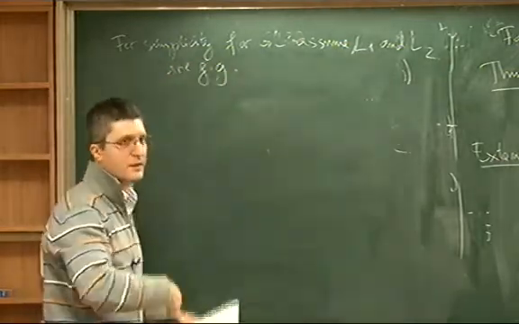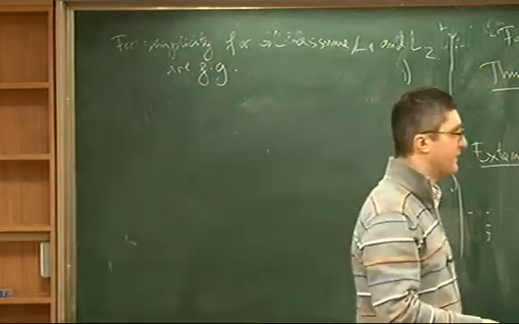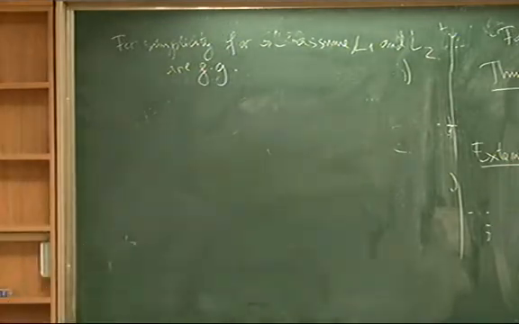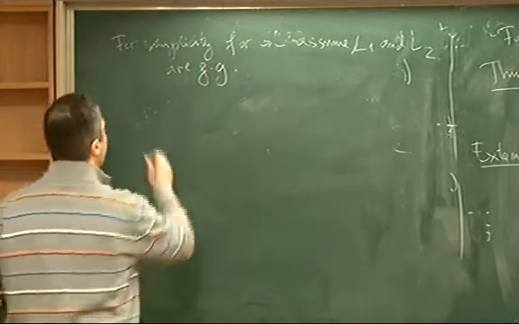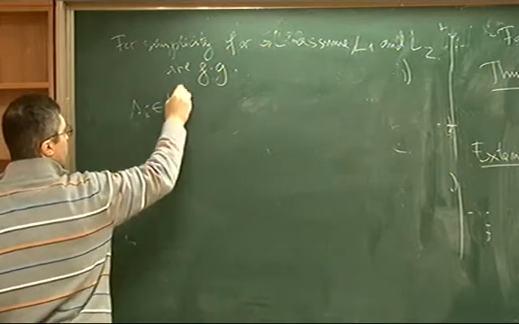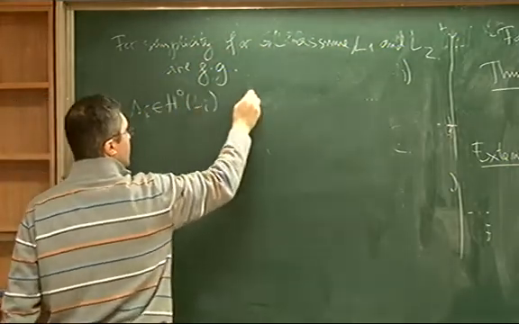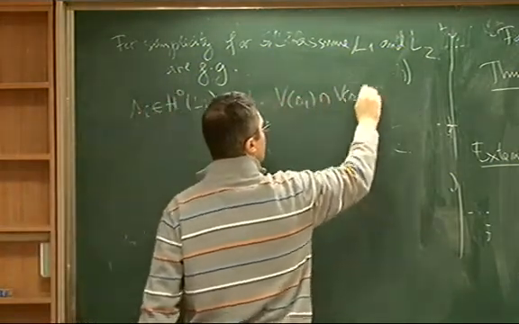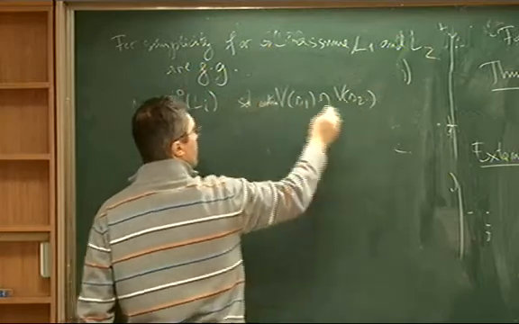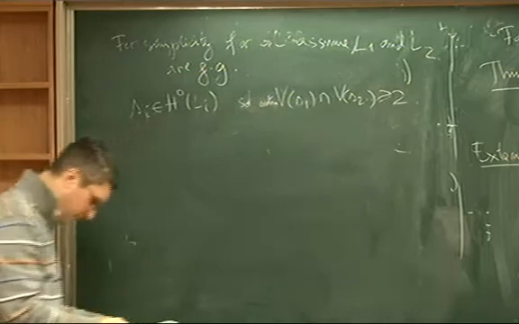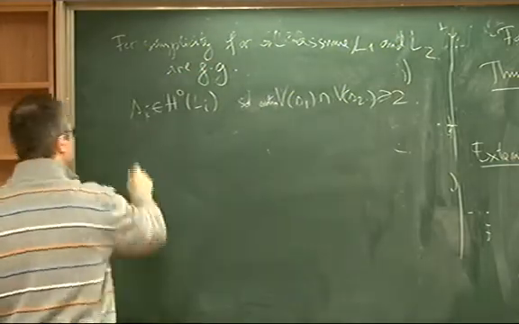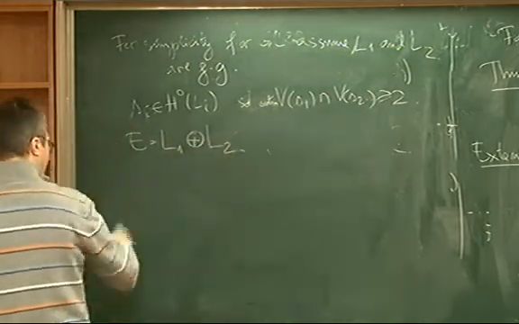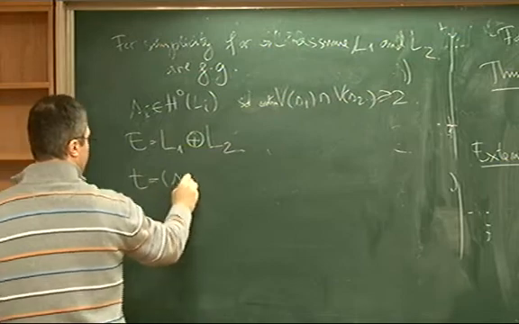If they are not, there is some extra work to do, but basically the idea is the same. If they are globally generated, then we can find two sections, s1 and s2, such that the zeros intersect in something of codimension at least 2. Now we can take E to be L1 plus L2.